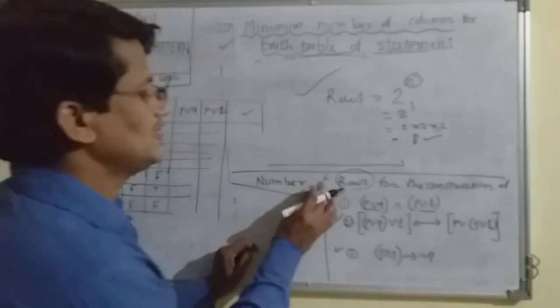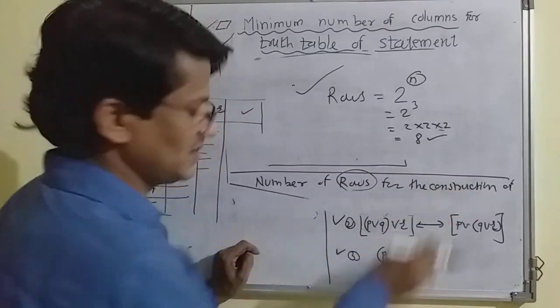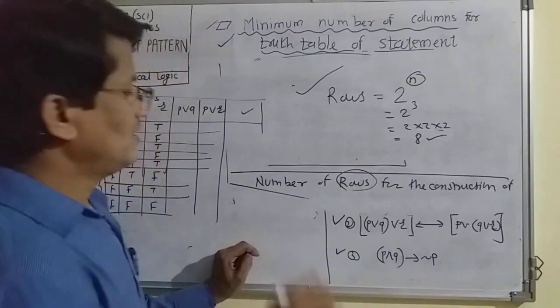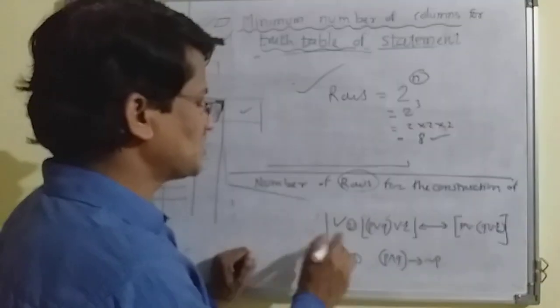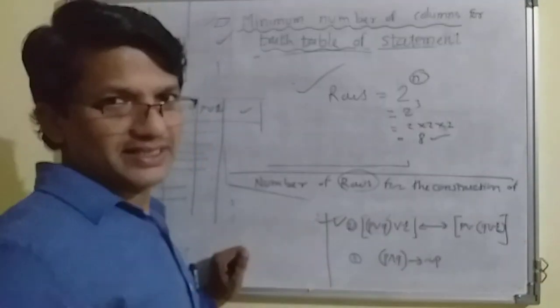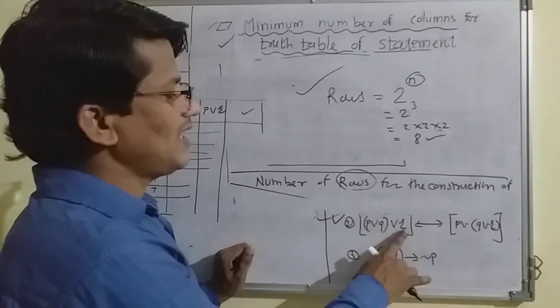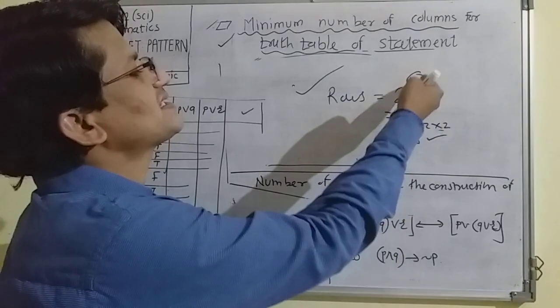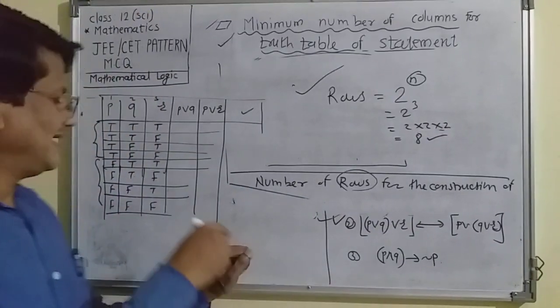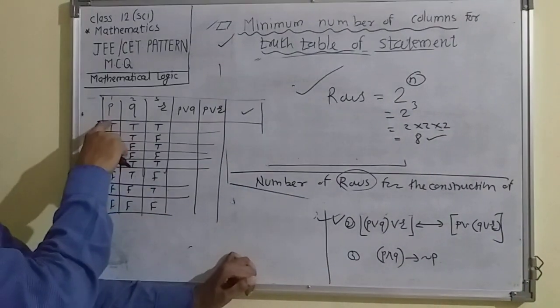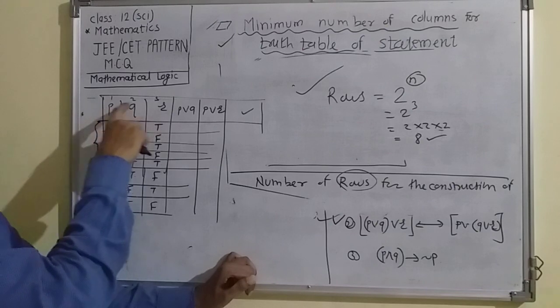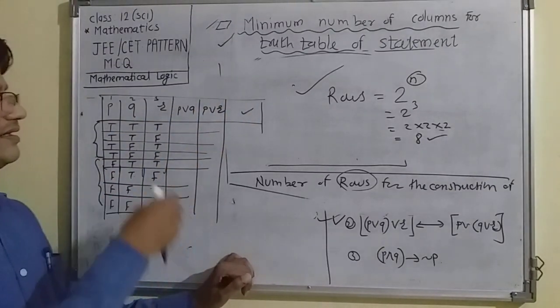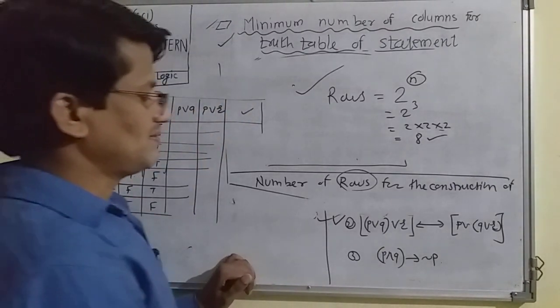Here again 3 letters, P, Q, R, which means the same answer, 8. For P, 4 times T, 4 times F. You can construct the same type of truth table.